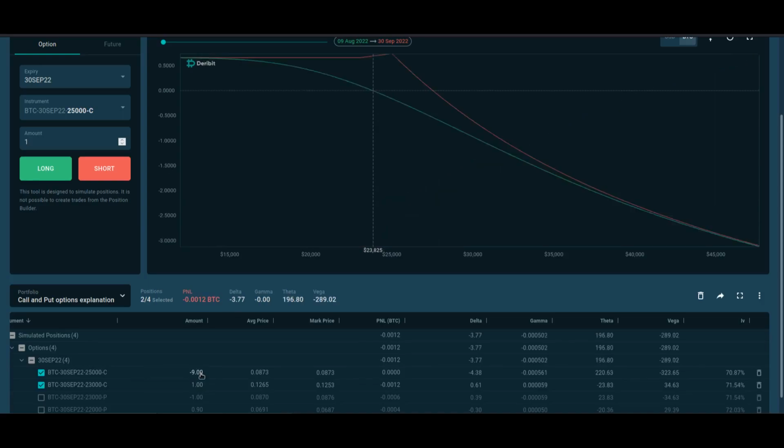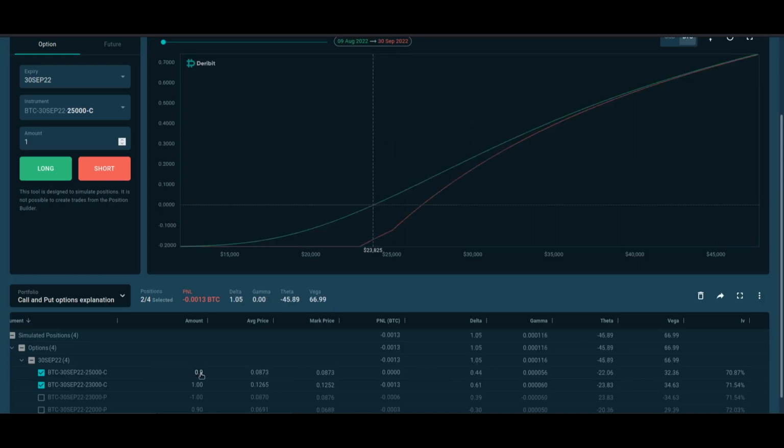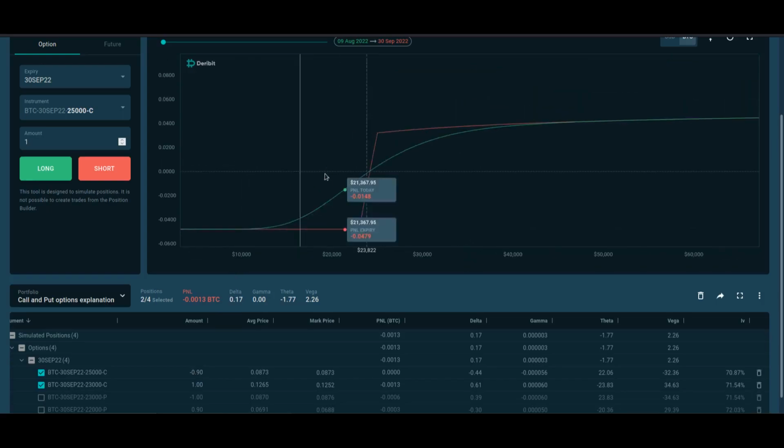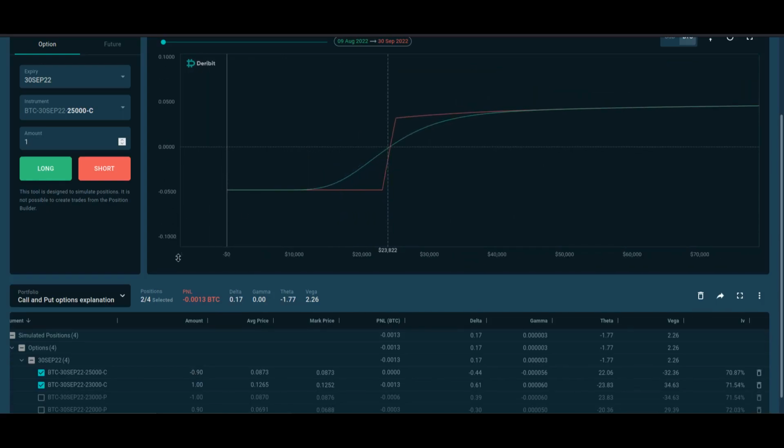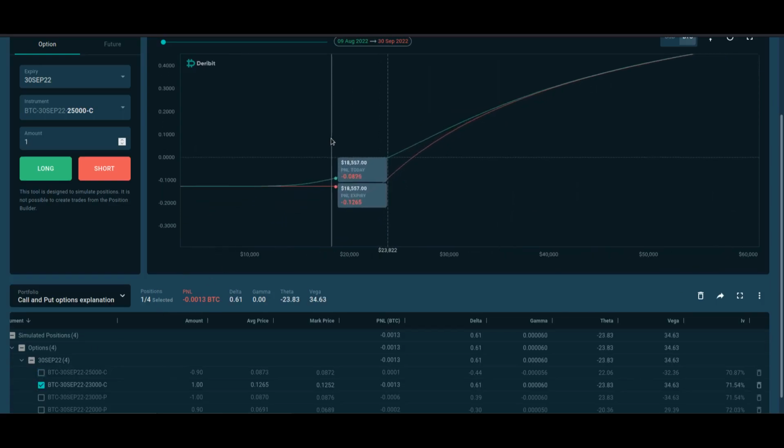Basically, if we do not sell options, we can see our maximum loss is 0.1265 BTC, but to reduce potential losses we fund our buy operation of the option.